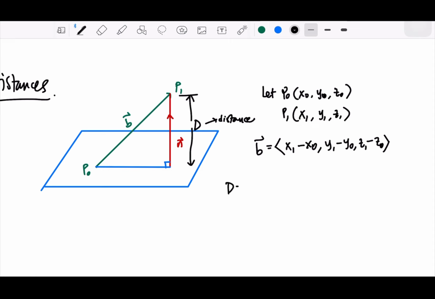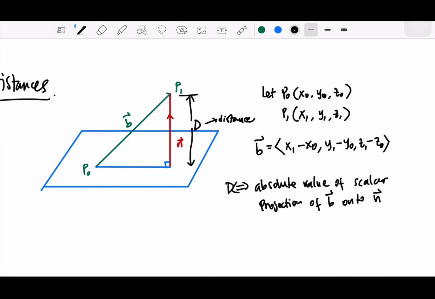So D is equal to the absolute value of the scalar projection of B onto the normal vector. So D, we can write this as the projection, or scalar projection, of vector B onto vector N.